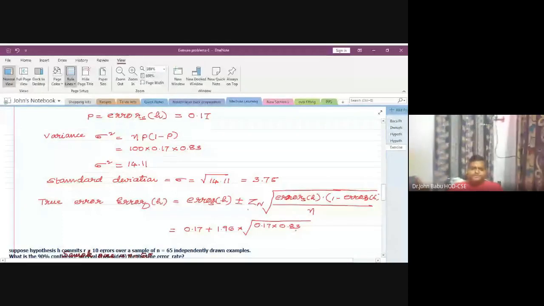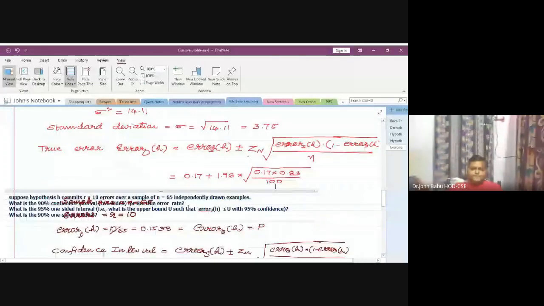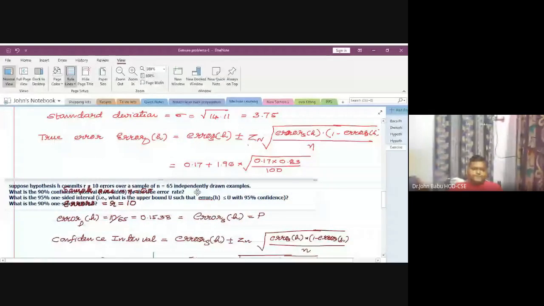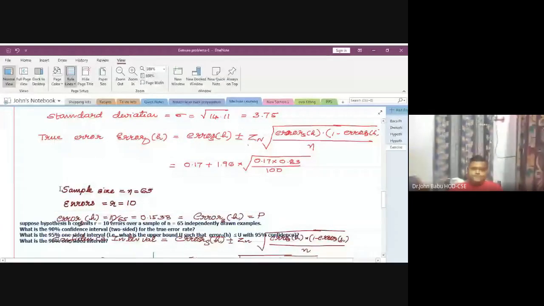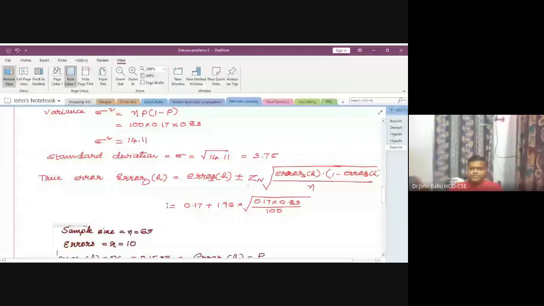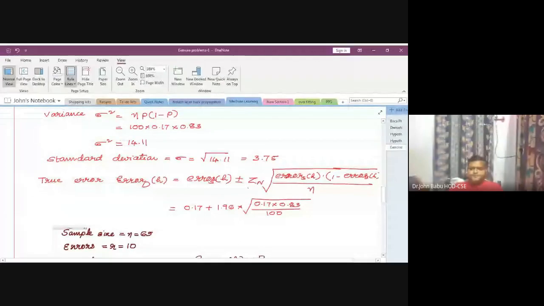What is the value? 0.17 into 0.83 is equal to 0.1411. Already we calculated here.